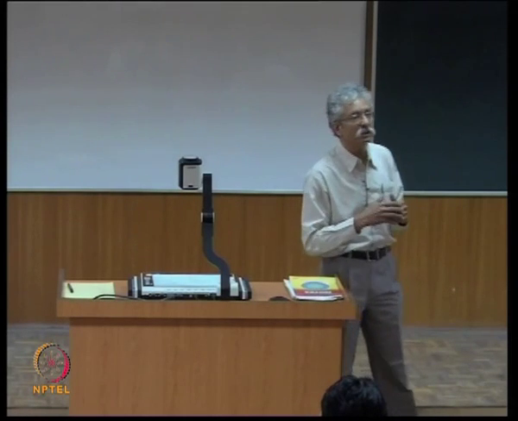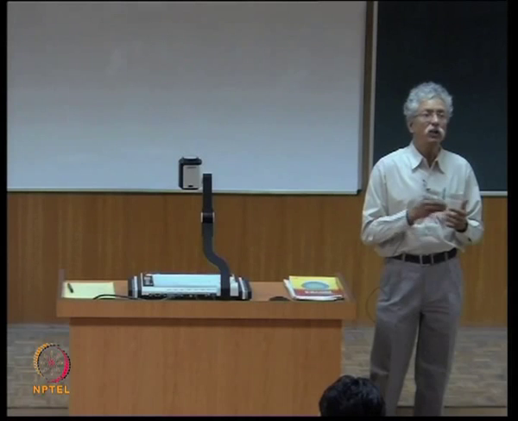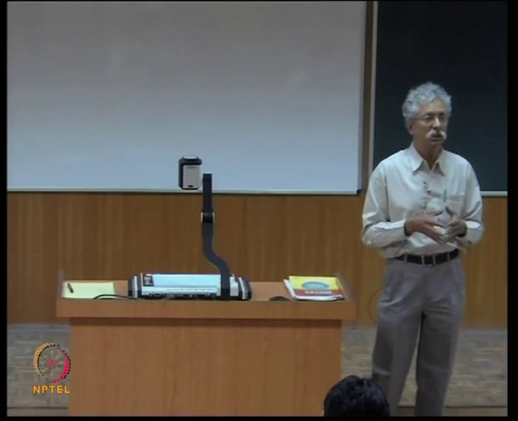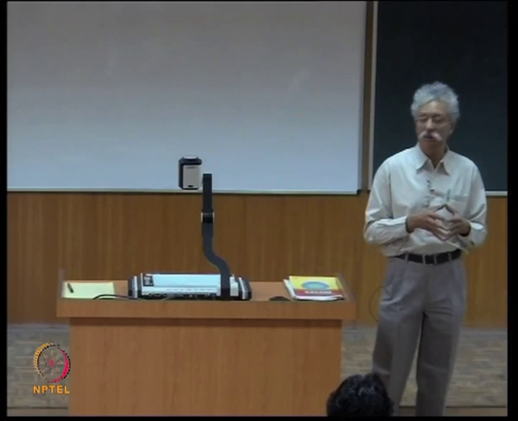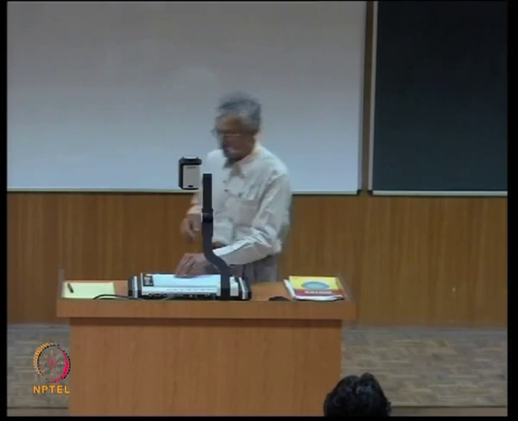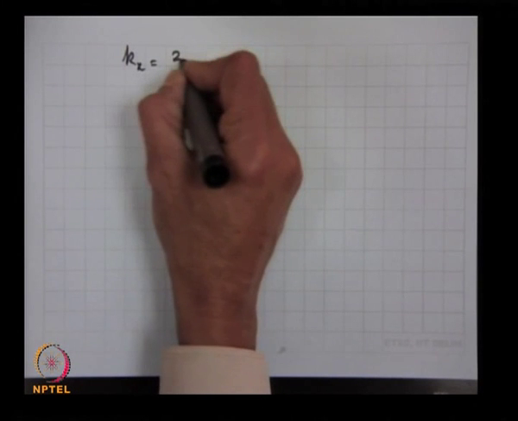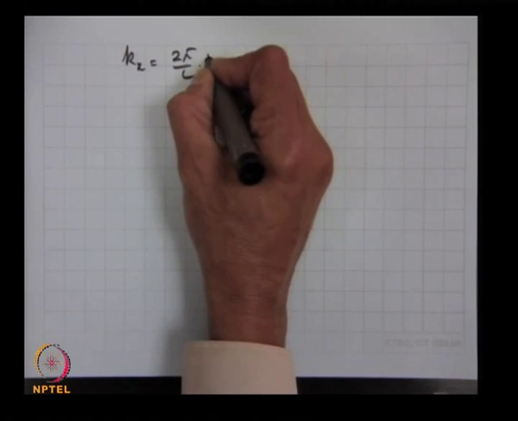What we find is that because of this condition, the frequencies get discretized. The kx, ky, kz, which are the components of the k vector, get discretized, and we get a discrete spectrum rather than a continuous spectrum. Remember we found that kx must be equal to 2 pi by L into nx.